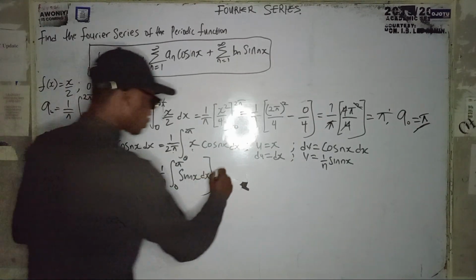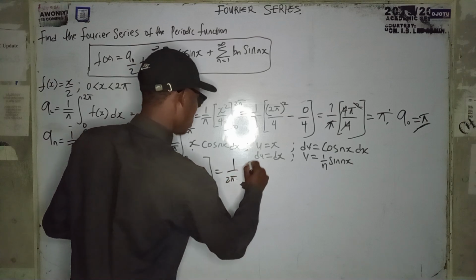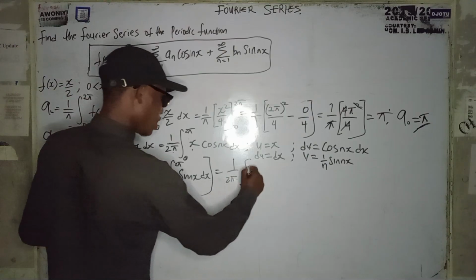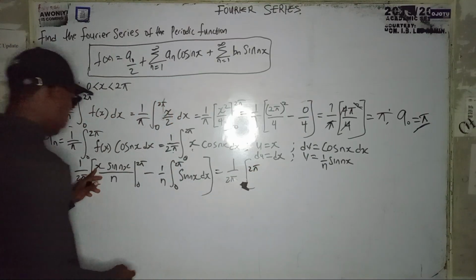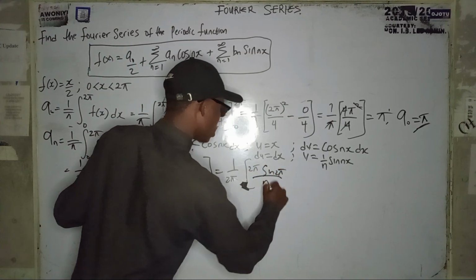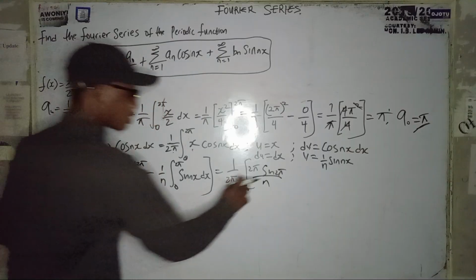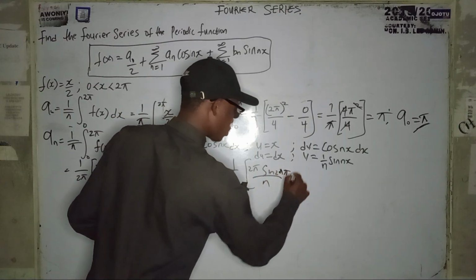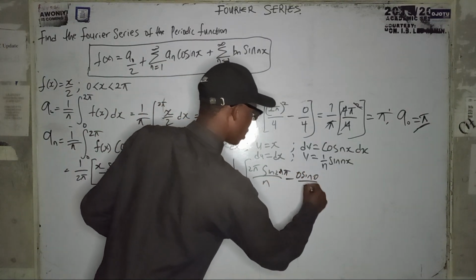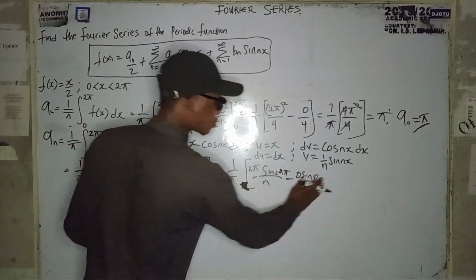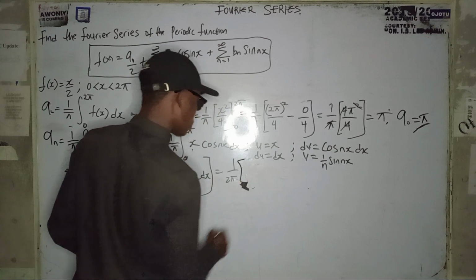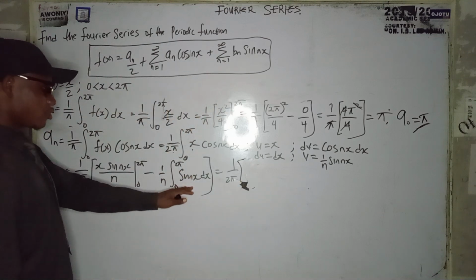So we can move on by saying 1 over 2 pi, and inside this bracket it is already equal to 0, because at x equal to 2 pi we have 2 pi sine 2n pi over n, and then minus 0 times sine 0 over n. This will be equal to 0 and this will be equal to 0. So therefore we can just cancel it out and move on.